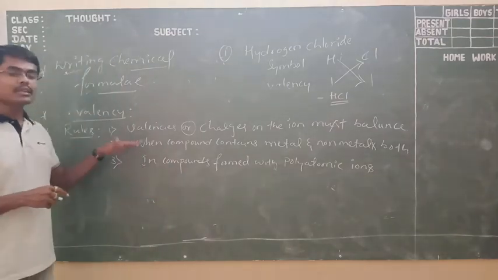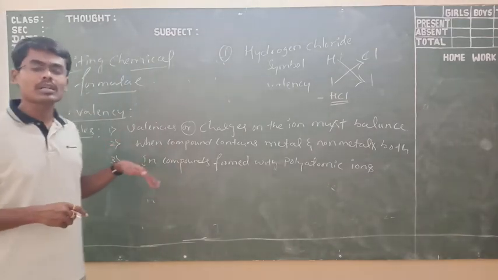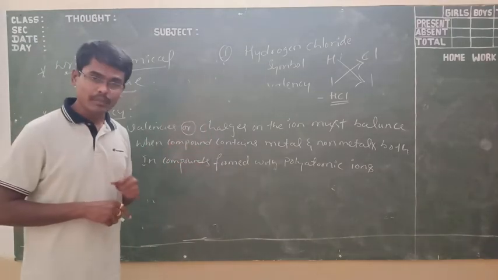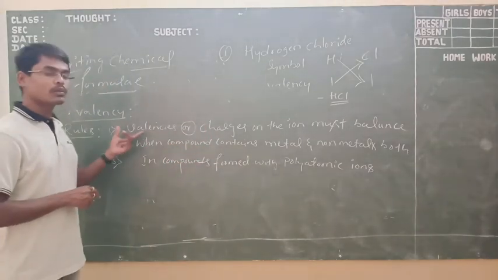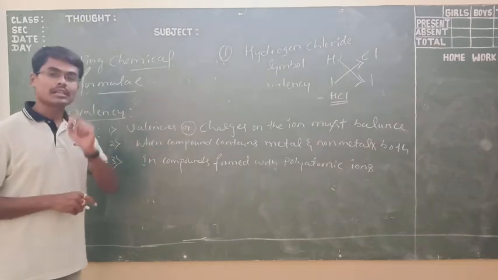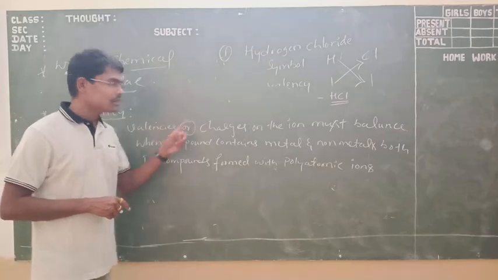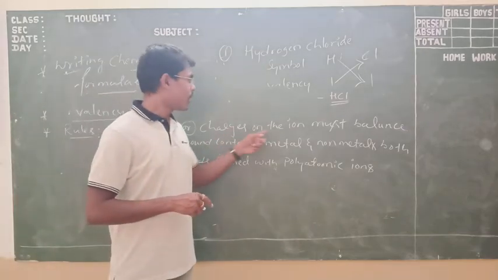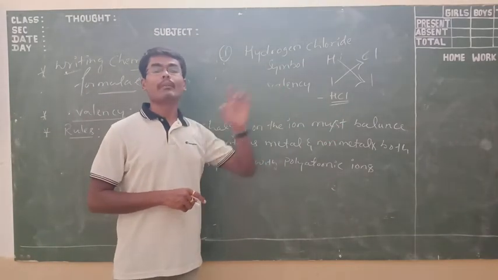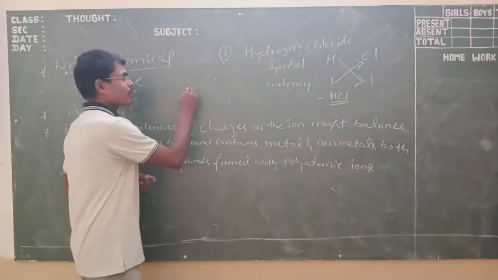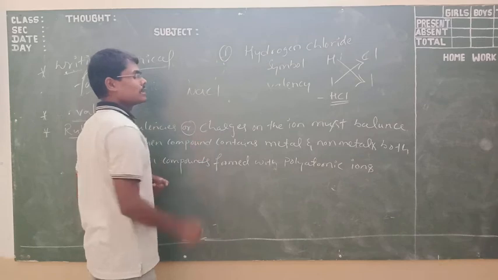Then I have written three important basic rules or guidelines we are going to follow to write the chemical formula. The very first guideline or rule: valencies or charges on the ion must balance. What is that? For example, NaCl.